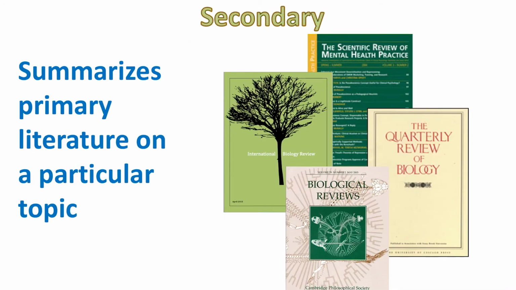The next we're going to look at is going to be secondary or review articles. So these are going to summarize primary literature on a particular topic. So essentially what this means is if I'd given you your little topic for your Lab 3 homework and I told you instead of doing the citations like you're supposed to, you're actually going to do an entire paper on your topic and you're going to compile a whole bunch of research from primary articles, and you give me this paper and it's incredible and I say, let's publish this.